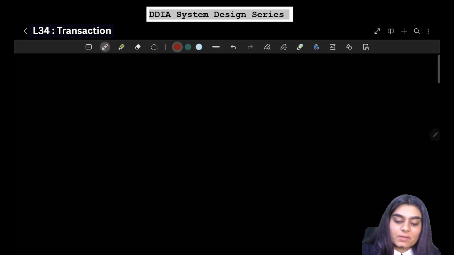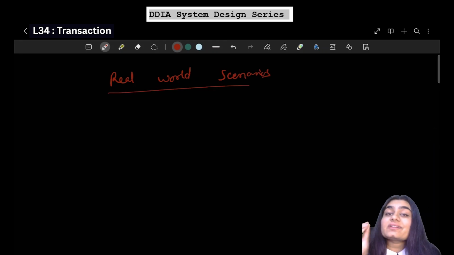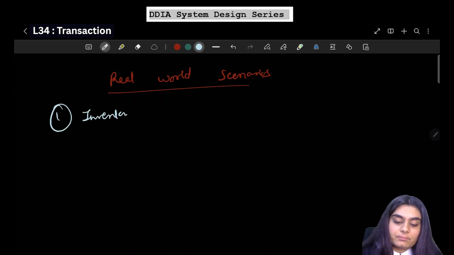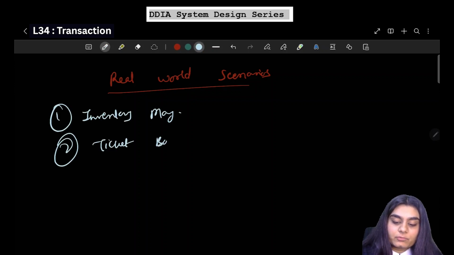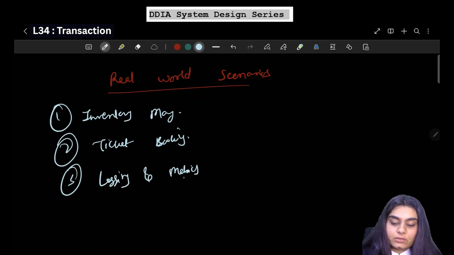Okay, so now let's talk about real world scenarios. Any system dealing with critical data can be discussed in terms of ACID. For example, inventory management, ticket booking, logging and metrics, ETL or data pipelines.